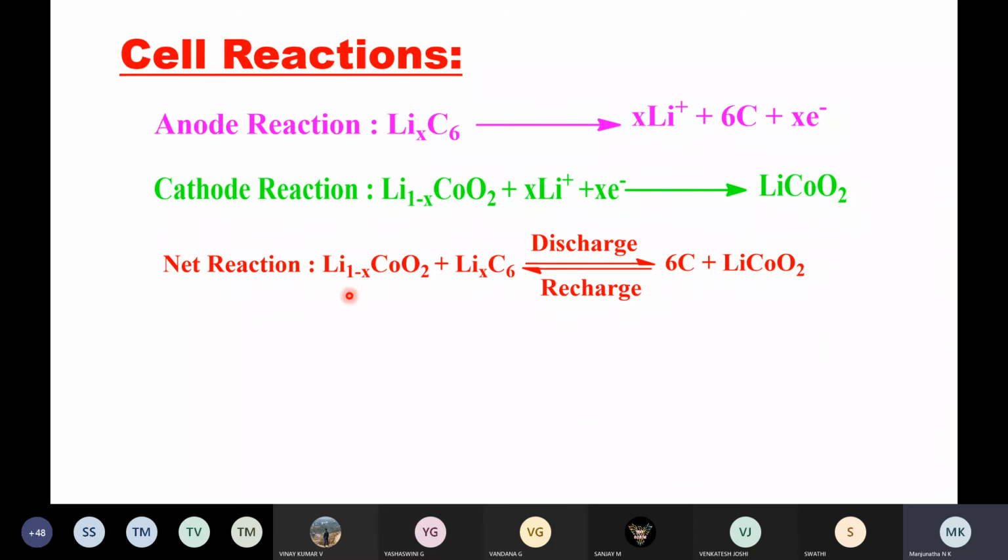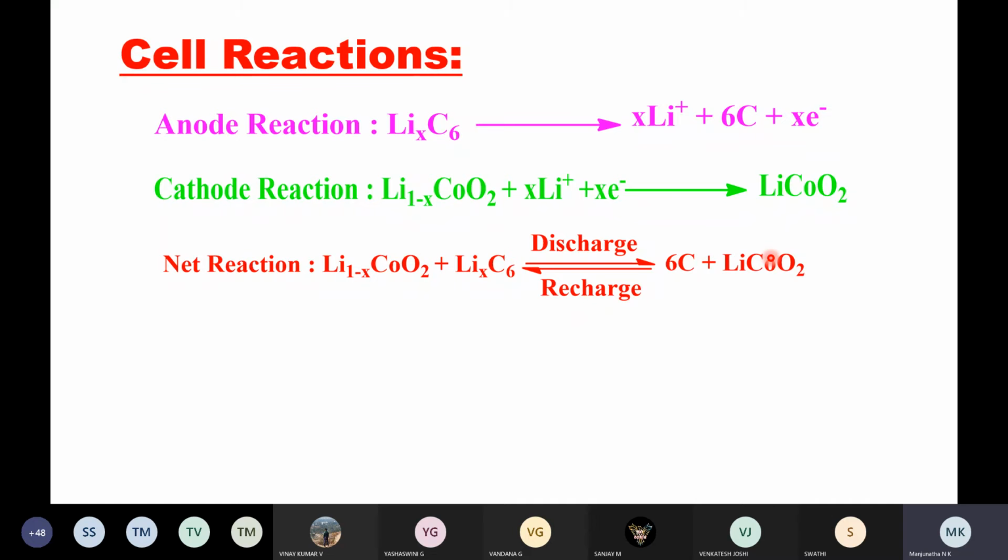The remaining, that is lithiated cobalt oxide Li1-xCoO2 plus LixC6 gives rise to 6C plus LiCoO2. This is during the discharging process. In this way, during the discharging process, the chemical energy is converted into electrical energy.